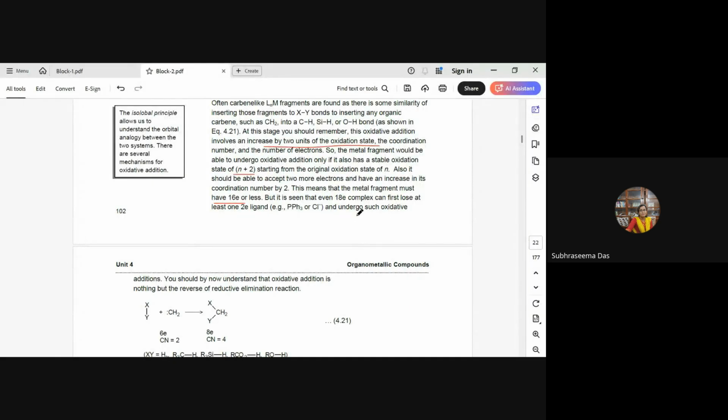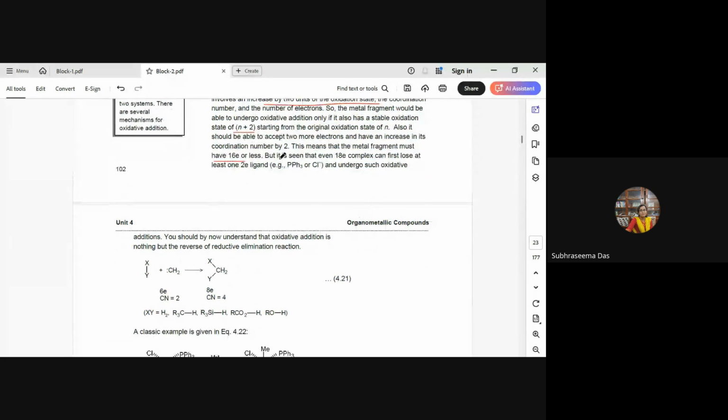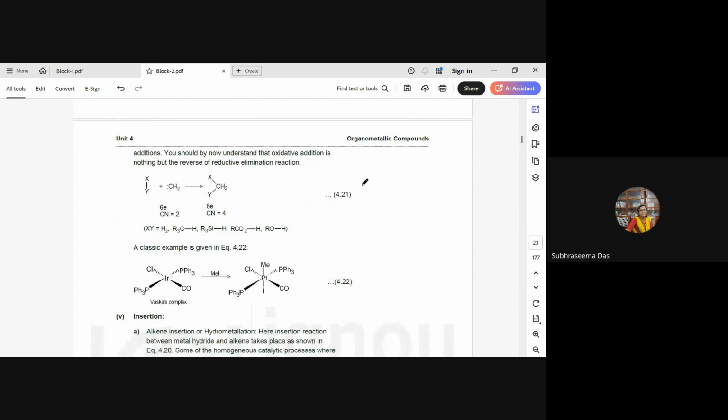If it has 16 electrons, then by this process it adds 2 electrons so that it becomes 18 electrons. But if we start with a higher number of electrons, it is a difficult process to continue. Sometimes, when we take an 18 electron complex, it can first lose at least 2 electrons, and then undergo such a reaction. So there are various processes by which we can calculate the number of electrons and design the synthesis of our particular compounds.